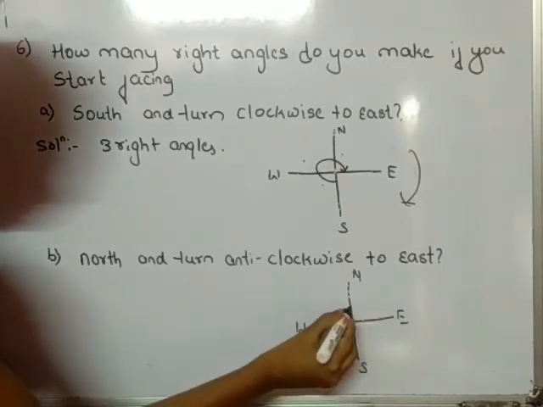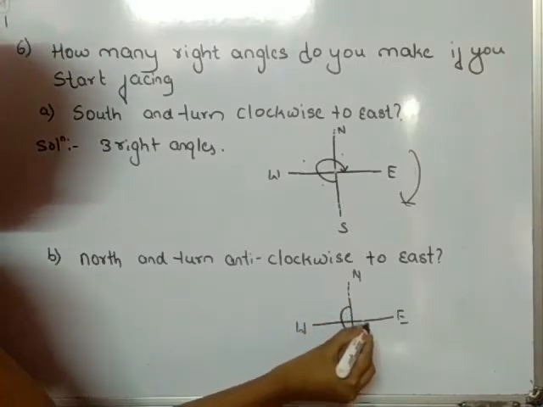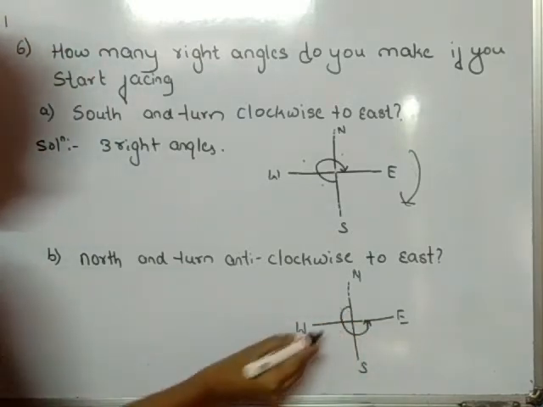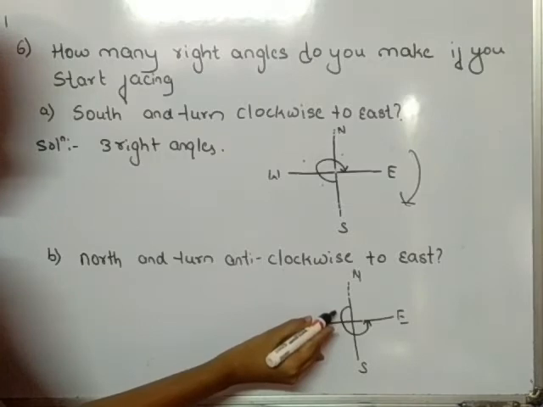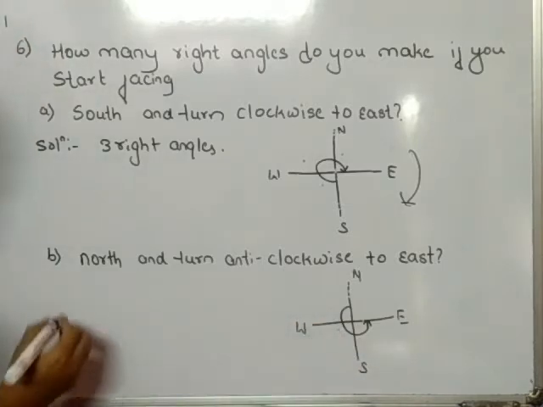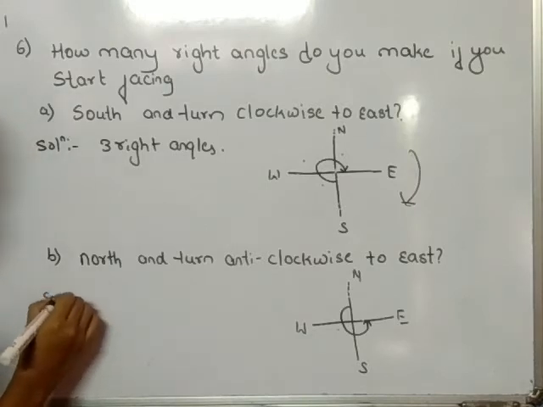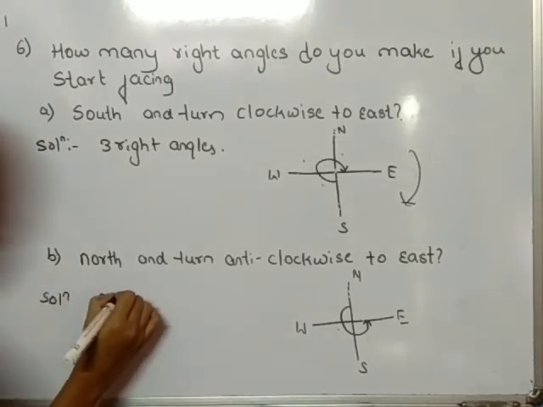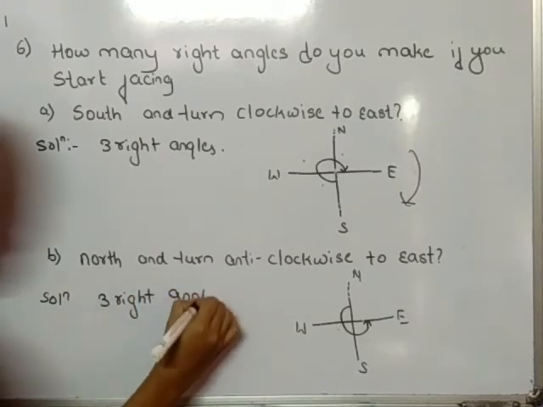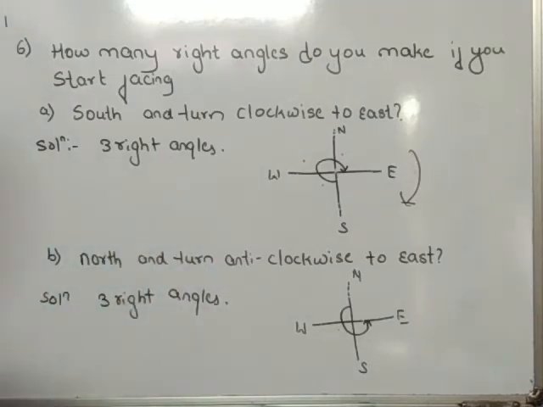Now it has covered this much, so it has turned this much area, isn't it? Again, how many right angles has it covered? 1, 2, 3. 3 right angles. So the solution is 3 right angles. Okay, these are the answers.